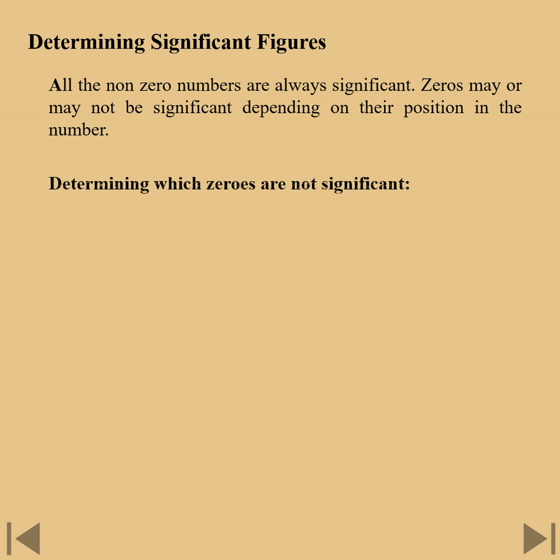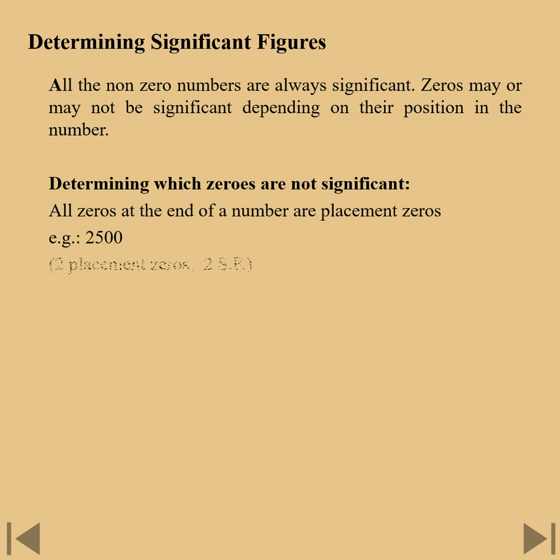So again, if we have a 0 that's there just telling us how big the number is, it's not significant. And so that turns out to be the zeros at the end of a large number and the zeros at the beginning of a small number. So in 2500, those two zeros I'm going to assume are only there to tell me how big the number was. So this number only has 2 significant figures, the 2 and the 5.